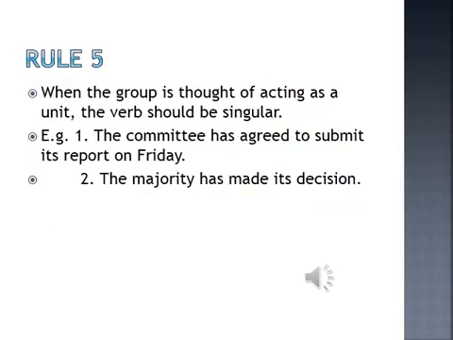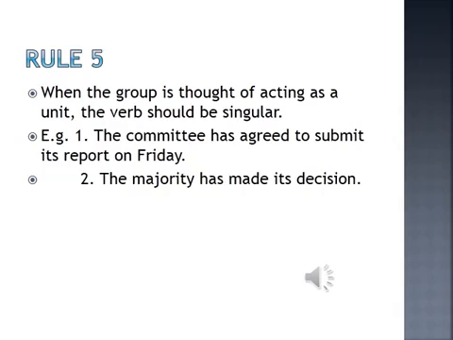Rule number 5 on spotting the errors. When the group is thought of as acting as a unit, the verb should be singular. The committee. There are many members of the committee, but we are considering it as a unit. We are considering it as one whole group, and therefore the verb has to be singular.